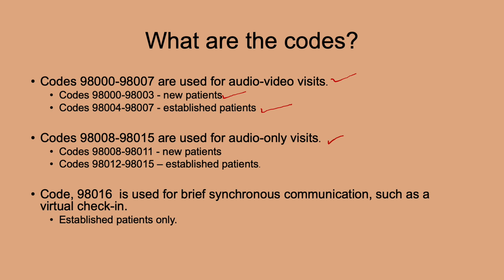These codes are audio only, listening only. 98008 to 98015, you have codes for new patients and established patients. And finally, you have 98016 for brief synchronous communication, such as a virtual check-in. And these are for established patients only. So these and these can be new patients or established. This one is established only.